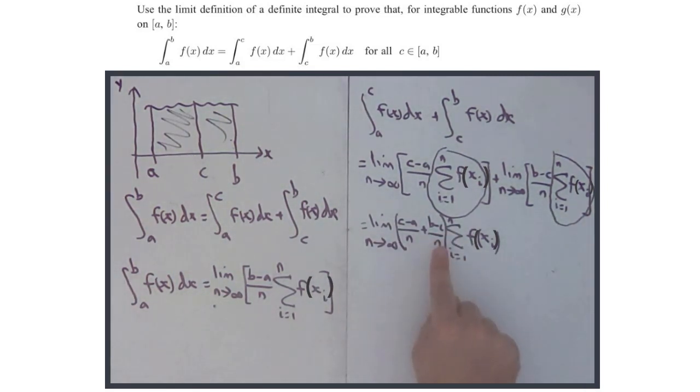And then because you've got this common denominator of n, I probably could have done that in one step, but I think it's good to show.